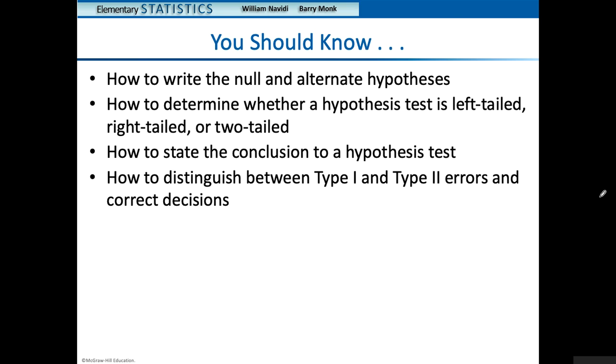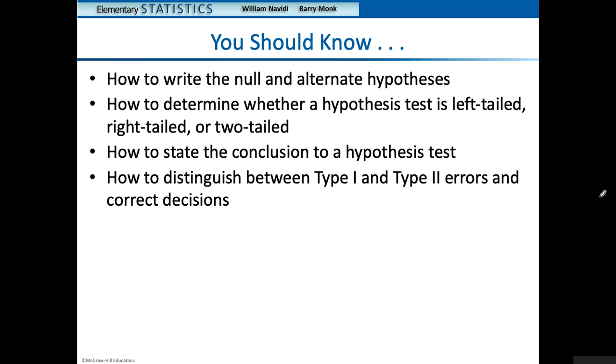Hypothesis tests can be conducted for a mean, for a proportion, for pretty much any parameter. If you recall, we looked at how to do a confidence interval for both a mean and a proportion. So now we will explore how to do a hypothesis test for both a mean and a proportion.